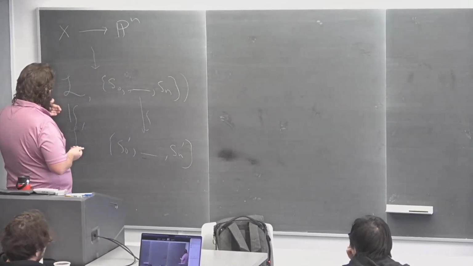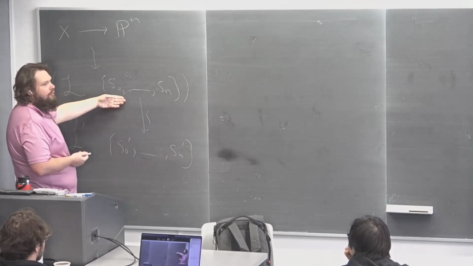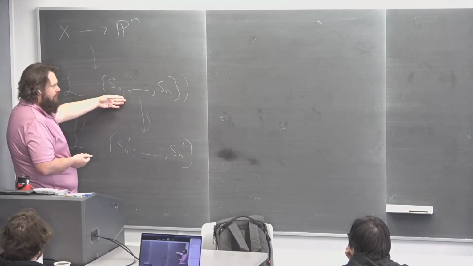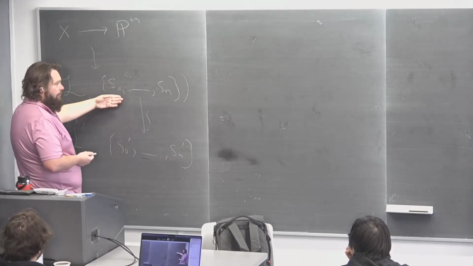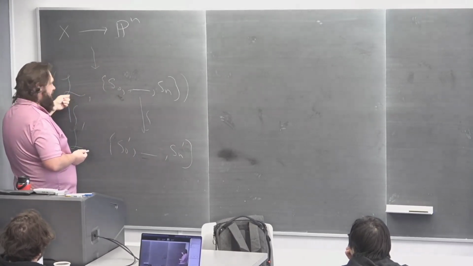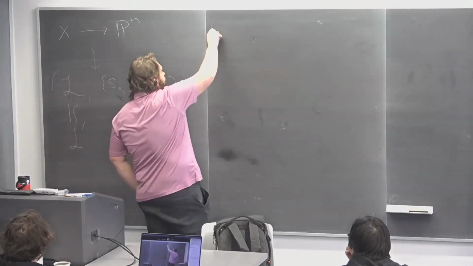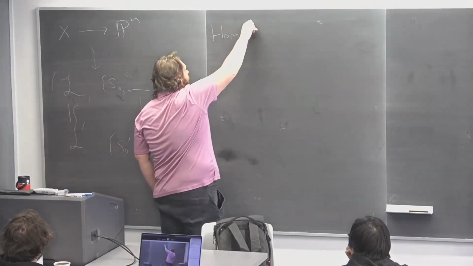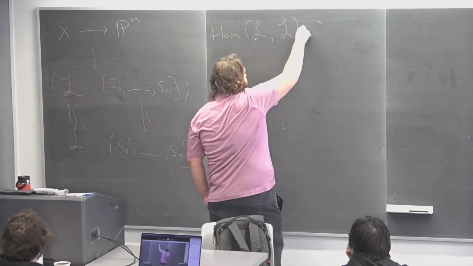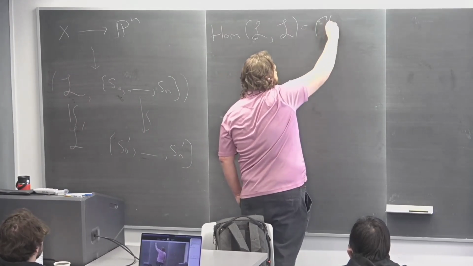And in particular, you might ask, well, wait, if I fix the L, how unique are these sections? And the answer is that it's up to multiplication by a global invertible function, because that's what gives you an automorphism of this line bundle. I look at automorphisms from any line bundle to itself, that's always the global invertible functions.